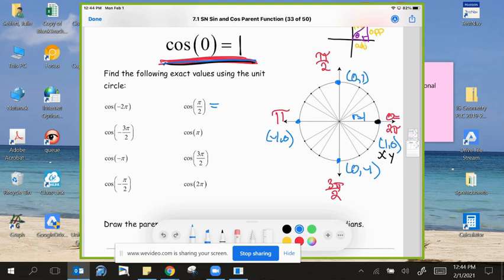What's that x coordinate? 0. Cosine of pi is -1. Cosine 3 pi over 2 is 0. And cosine of 2 pi, the x coordinate, is 1.